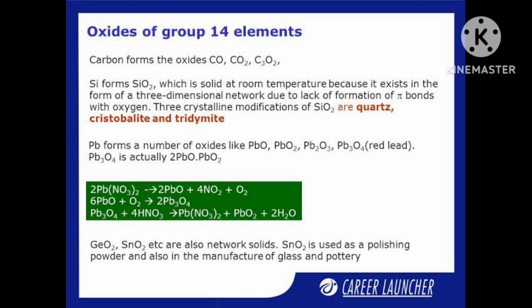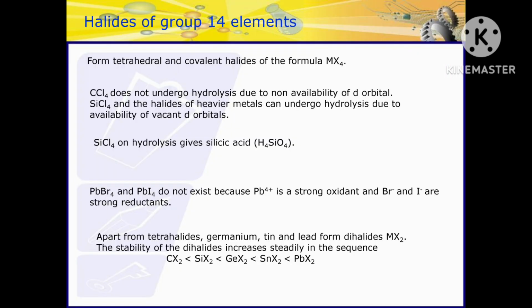Silicon will take one pair of electrons, and one OH will come, because one H from the H2O will react with Cl and form HCl, which will go out. Then in that place the lone pair will be accepted, because Si and Cl shared two electrons.